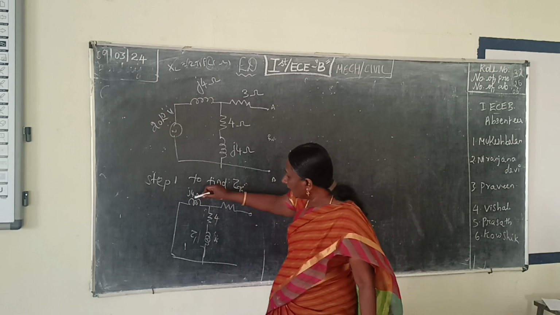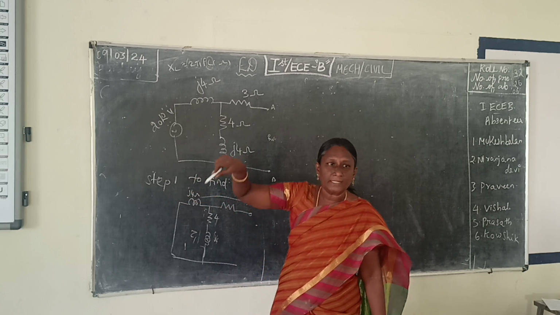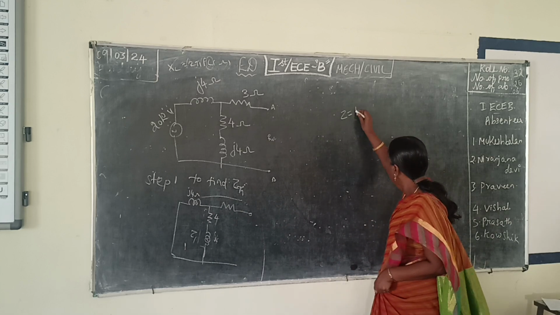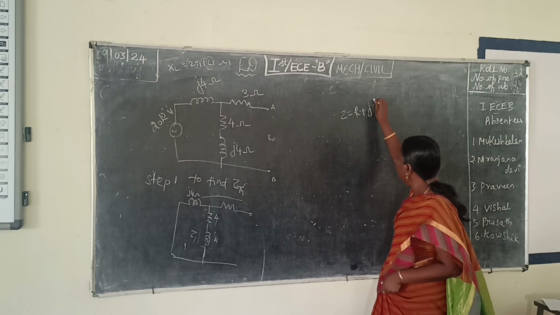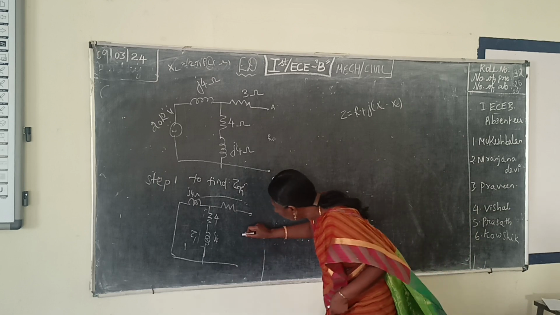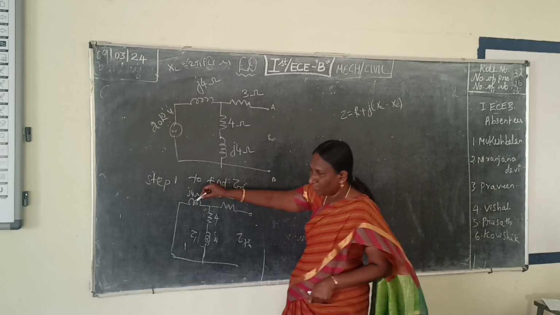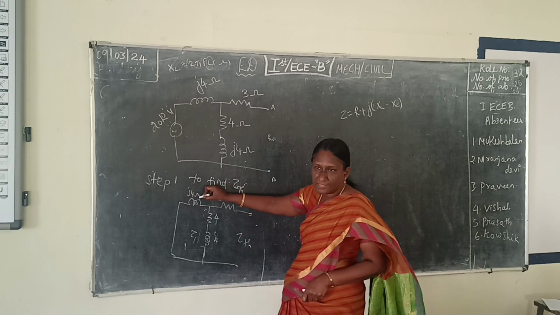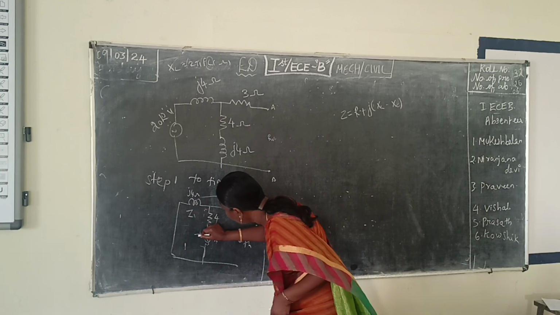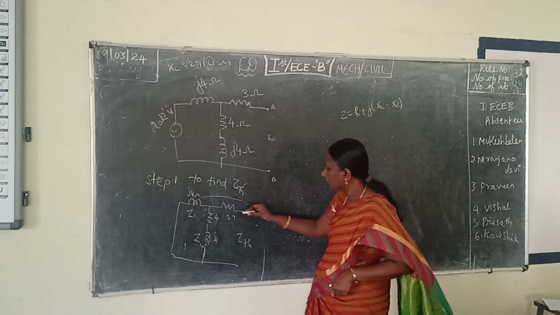If there is a resistor given here, you consider impedance Z is equal to R plus J into XL minus XC. Here we are going to find the impedance ZTH. This is also called impedance Z. Suppose this is Z1, Z2, and this is R, so this is Z3.